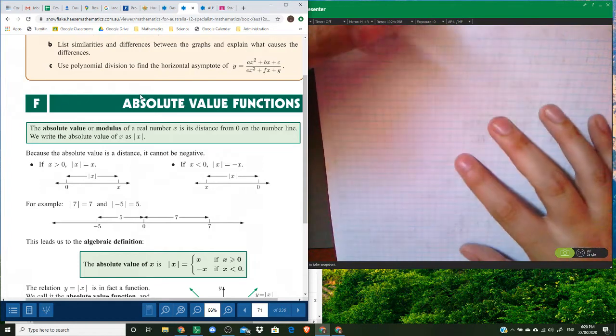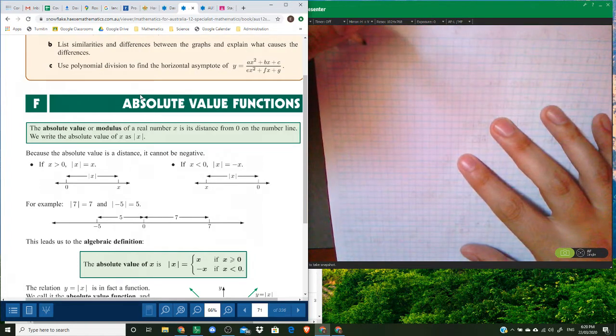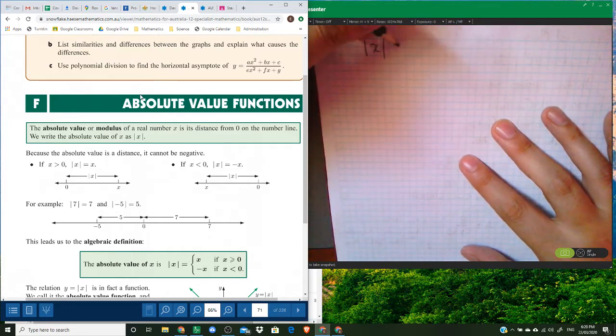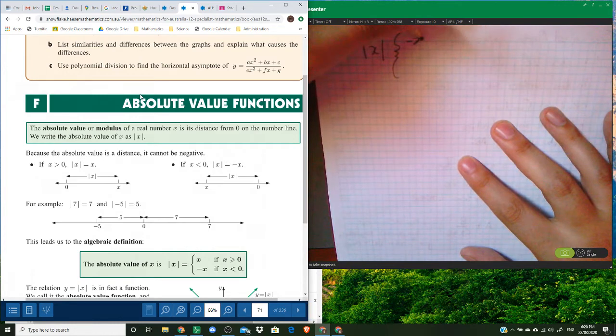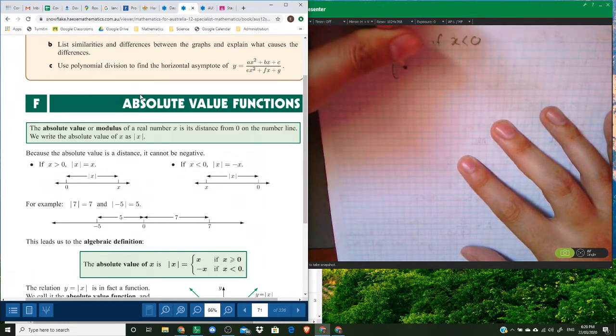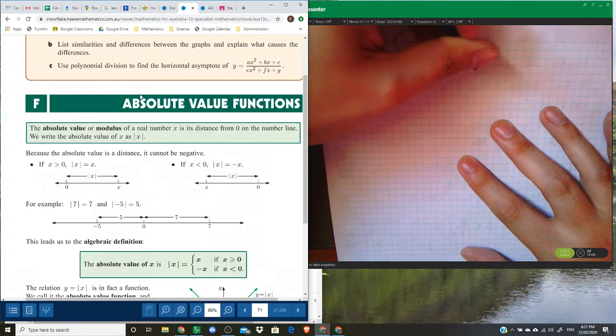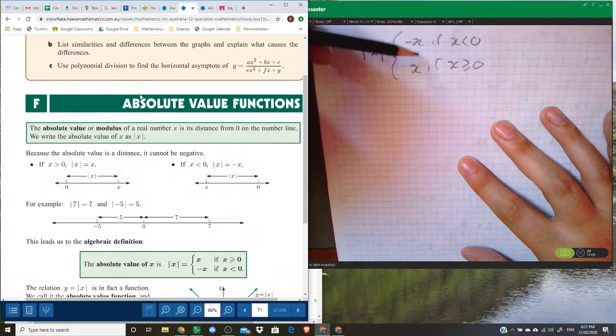So the absolute value function, modulus x, there's a couple of ways you can express that. One is you write it like this: it is minus x if x is less than 0, and x if x is greater than or equal to 0. So basically, if it's a negative value, you put a negative in front of it and turn it into a positive.